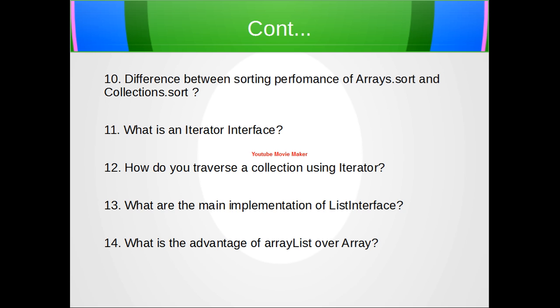So the next question is, what are the main implementations of the List interface? The List interface provides support for an ordered collection of objects. Lists may contain duplicate elements as well.